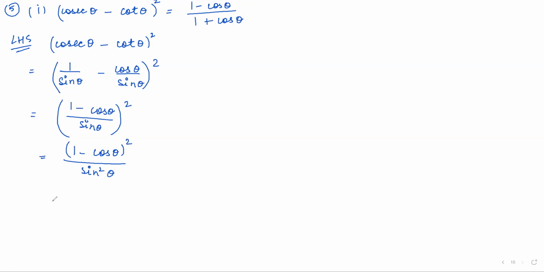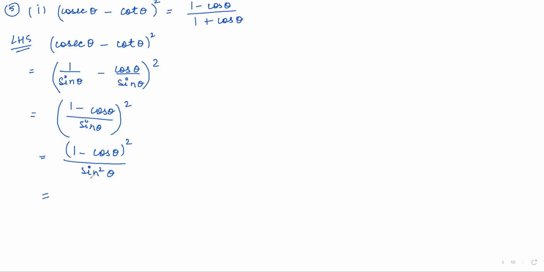Now this sine square theta, now see identity number 1. What can I write in place of sine square theta? Abdullah, you tell me from identity number 1. Yes, Abdullah, are you here?